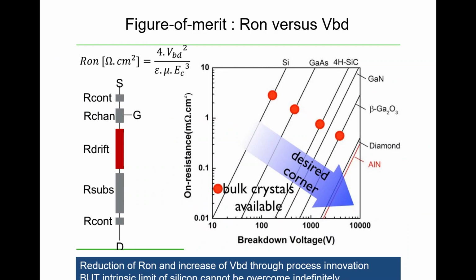So this is the desired corner again for the newcomers. You want to reduce the on resistance and increase the breakdown voltage, as the intrinsic silicon limits cannot be overcome indefinitely. That's just what I was saying. And for new materials, you can see some examples here. Of course, there's gallium nitride and silicon carbide.